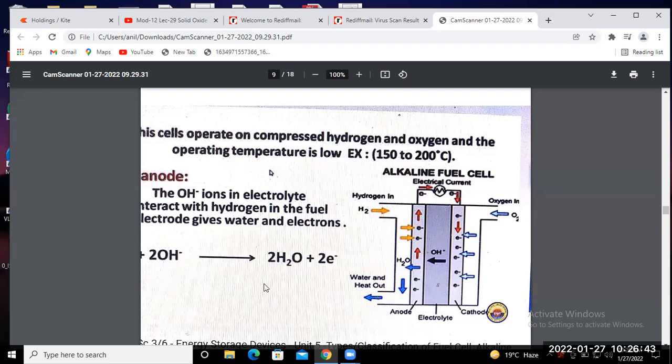This is the representation of the alkaline fuel cell. You will find the cathode terminal, anode terminal, and electrolyte in this diagram. Next, we will see the cathode terminals.